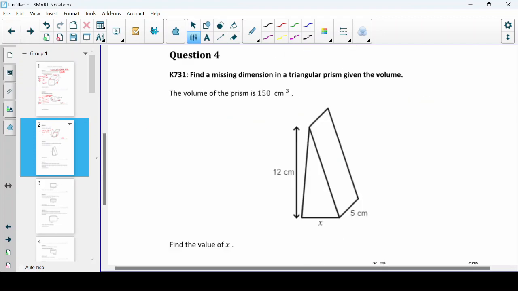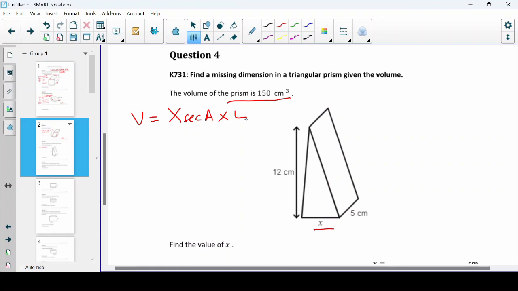And for the next question, the volume of the prism is this one and we have to find this. So we write the formula. The volume of a prism is cross section area times the length. The cross section we can see here is a triangle.